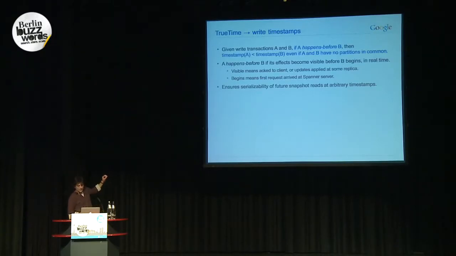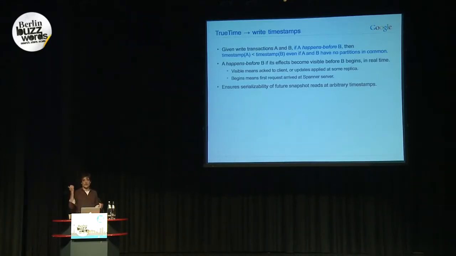So this slide is really just a reminder of the invariant that we're trying to get. Given 2 writes, A and B, if A happens before B, meaning if A finishes before B starts, then A should have a smaller timestamp than B. And finishes is a definition you have to be careful of.